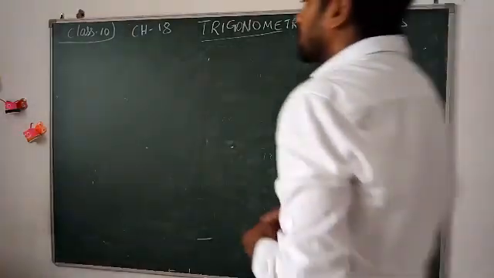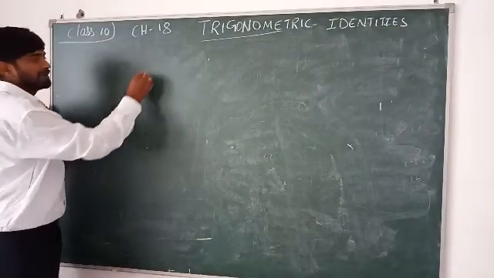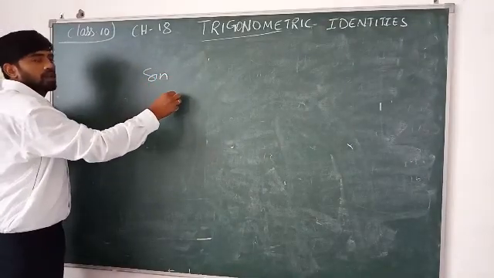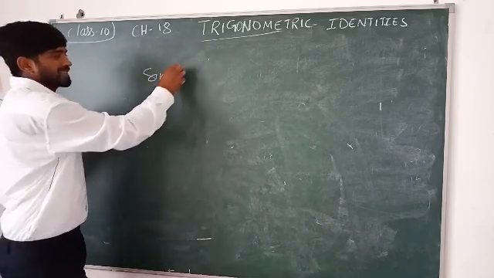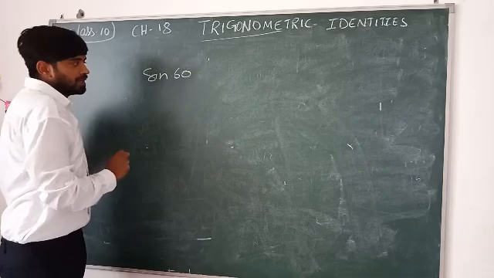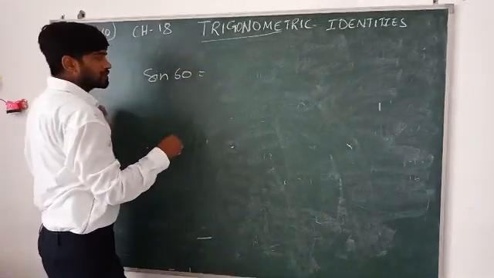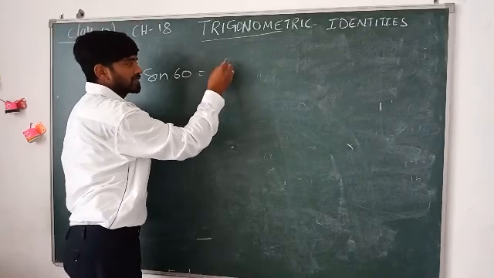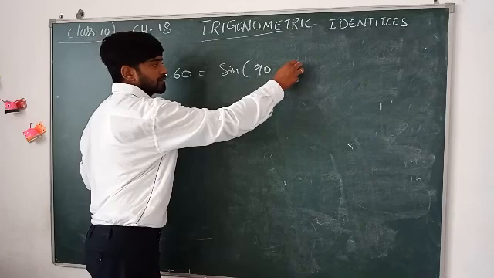Okay, one more thing that I want you guys to remember, that is from class 9. For example, let's say sine 60. If I write down sine 60, I can also write it as sine of 90 minus 30.